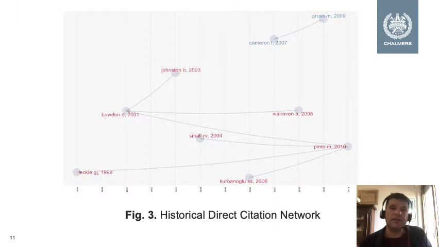This network is based instead on direct citation, so document A citing document B. There is a timeline from left to right, and we see here as a milestone the paper by Leckie, and also a quite large cluster of documents characterized by the red color.